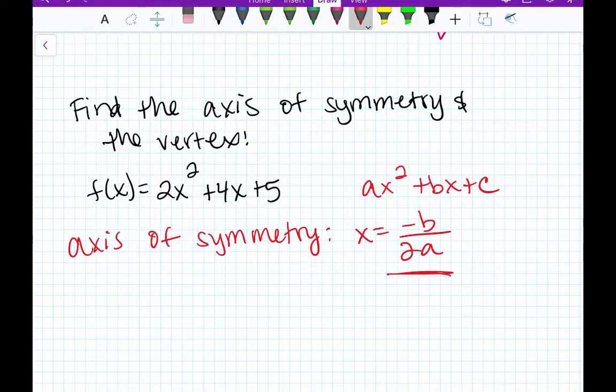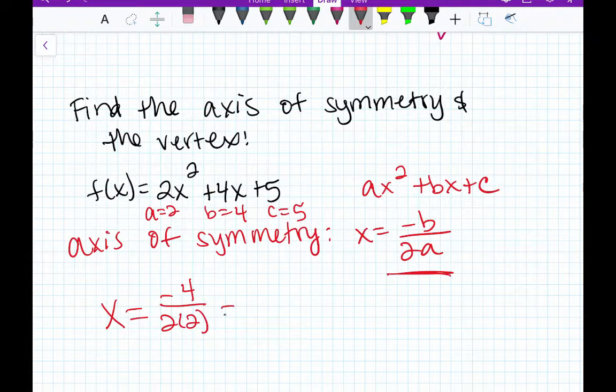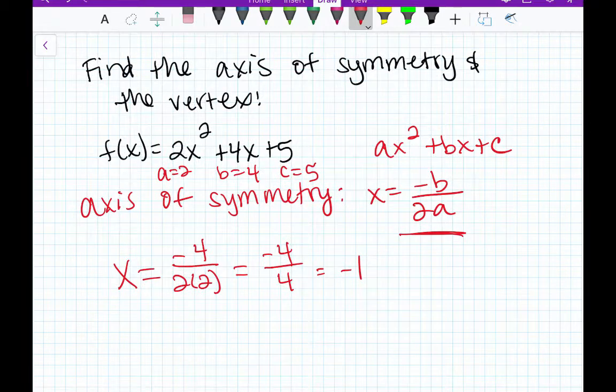This formula comes from the standard form. So we're going to find the axis of symmetry of this example. So a in this example is 2, b is 4, and c is 5. So I'm going to plug this in. x equals negative 4 over 2 times 2, which is negative 4 over 4, which is negative 1. So the axis of symmetry here is x equals -1.